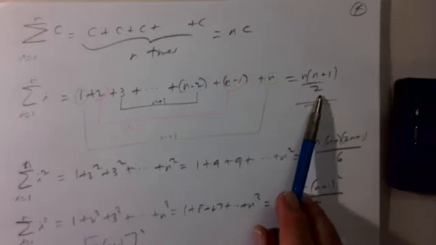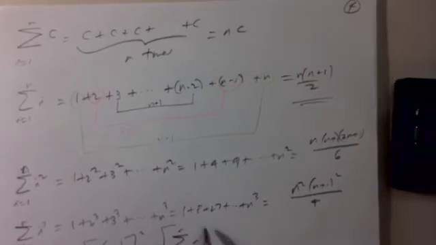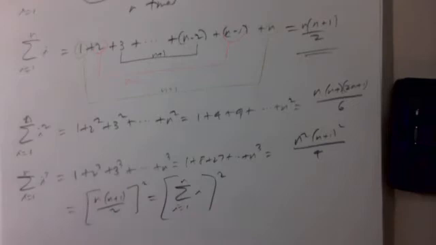In fact, this is exactly n times n plus 1 over 2, all squared. Here's n times n plus 1 over 2. This means this is the summation i goes from 1 to n of i, all squared. So we have this curious fact. If you take the sum of the first n integers and square it, you get the sum of the first n cubes. So that's really very pretty.